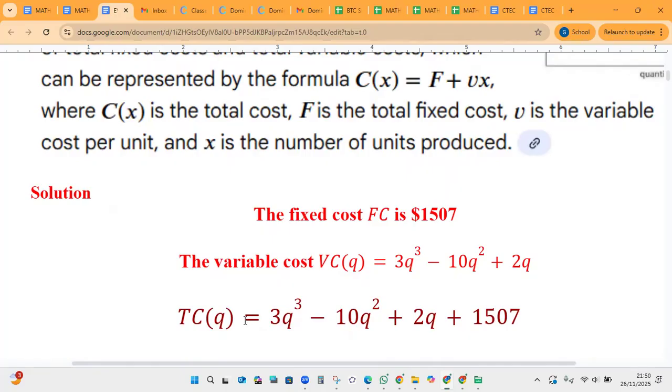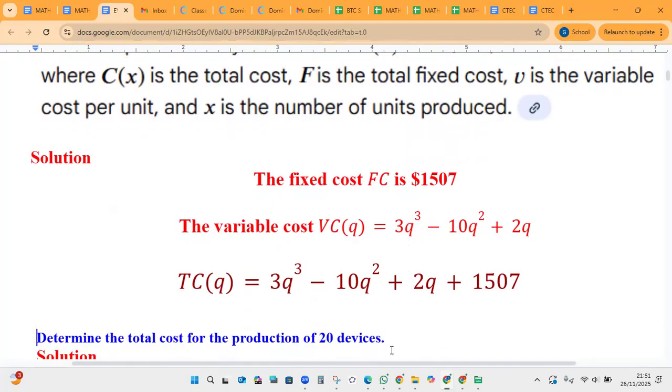So the total cost in terms of Q is equal to the variable cost, which is 3Q raised to the third power minus 10Q squared plus 2Q, plus the fixed cost, 1,507. So this is the solution for part A. This is the total cost function. So let's move on to part B.